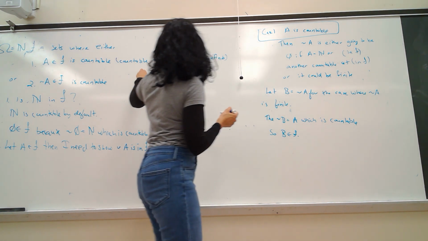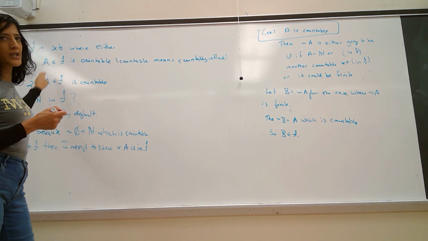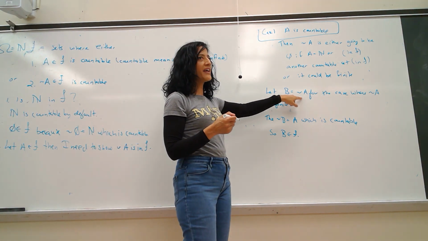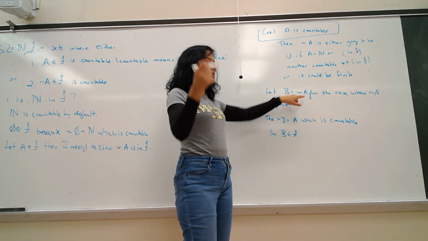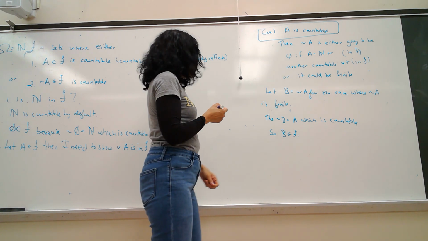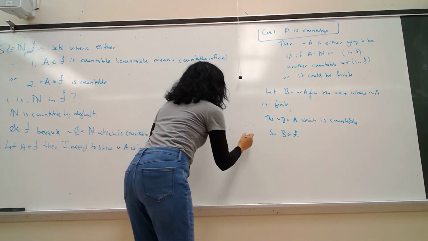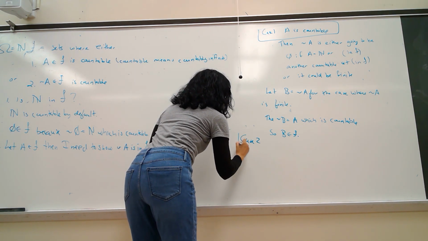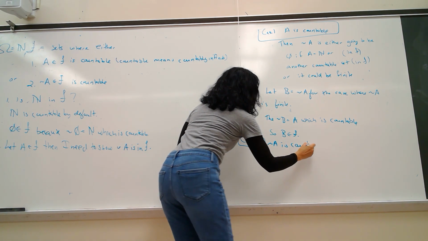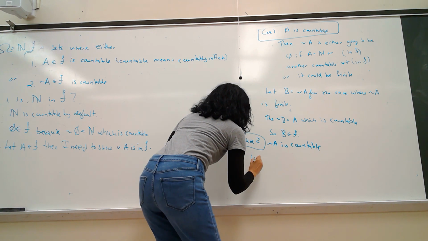Either the original set was countable or the complement was countable. So if I set B to be the complement of A, then when I complement both sides, I get something that is countable. Gotcha. Bookkeeping. Case 2, complement of A is countable. Well, then I'm done.